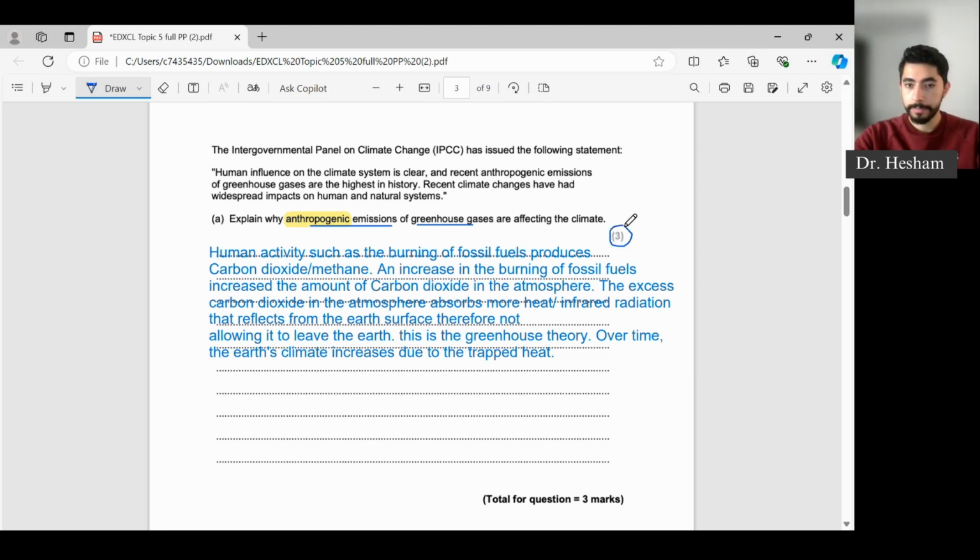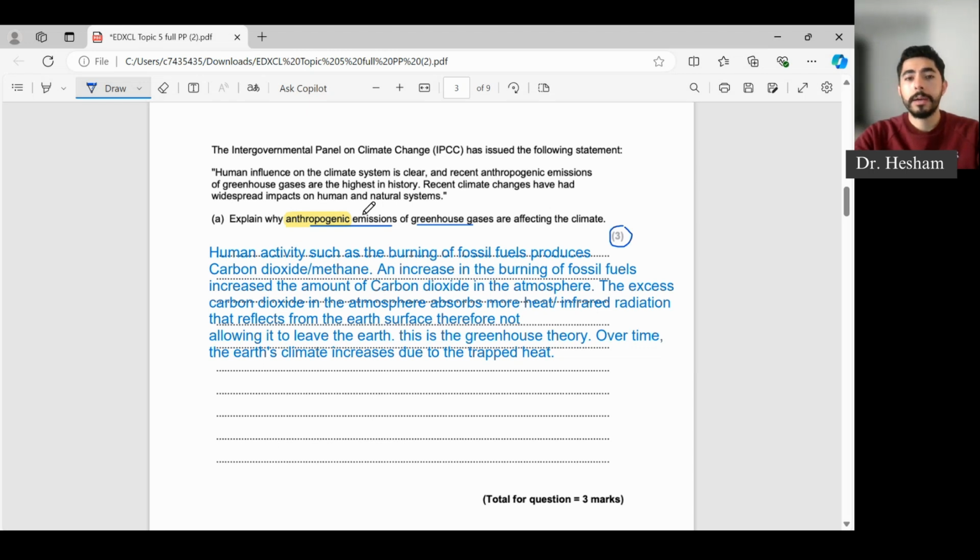So let's be careful. Human activity, such as the burning of fossil fuels, produces carbon dioxide or methane. So here, the first thing we need to do is actually mention an anthropogenic emission. One of them, deforestation, burning of fossil fuels, factories, cars.